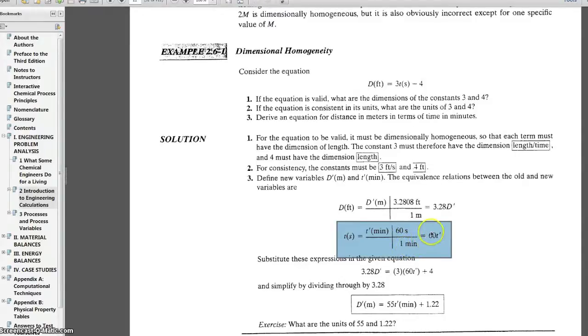So it ends up with 60 t prime. So after the substitution, d equal to 3t minus 4 becomes 3.28 d prime equal to 3 times 60 t prime plus 4.